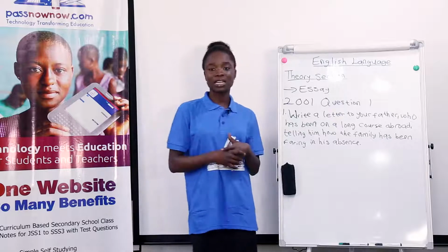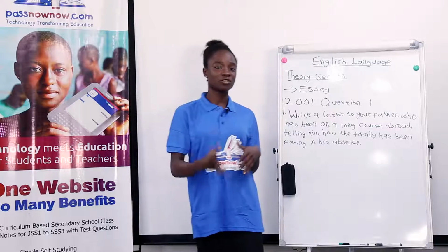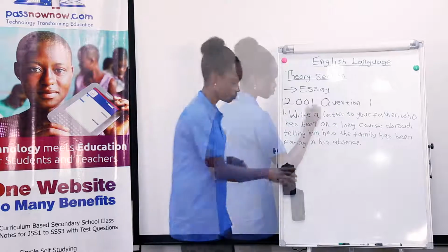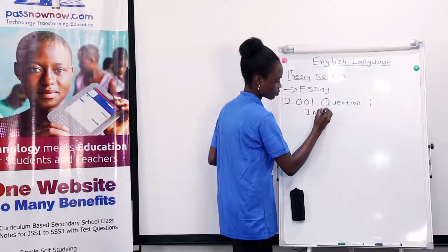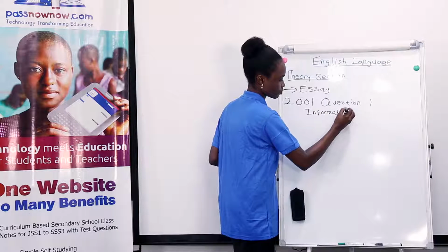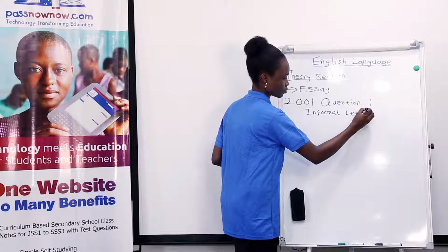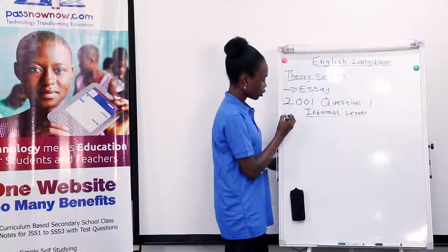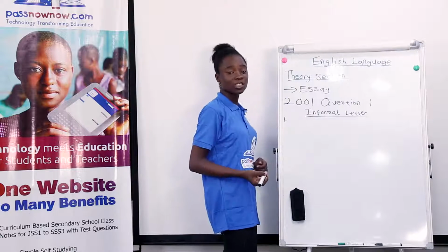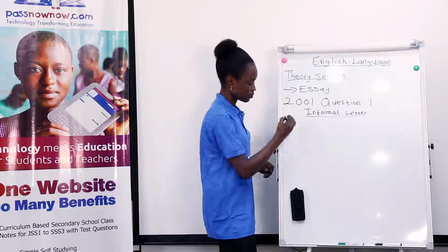In an informal letter, you start with the address of the writer of the letter. Number 1, you start with the address of the writer.